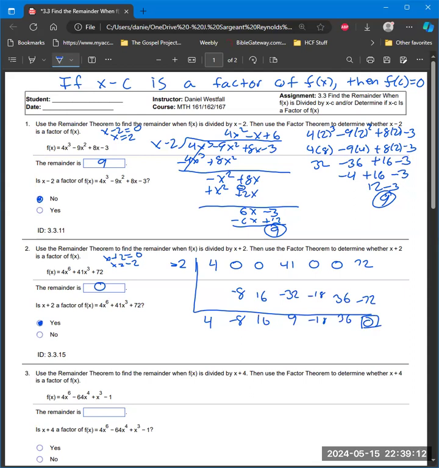And this line down here represents that this is x plus 2 times 4x to the 5th minus 8x to the 4th plus 16x to the 3rd plus 9x to the 2nd minus 18x plus 36. That's my other factor if I would have done long division.